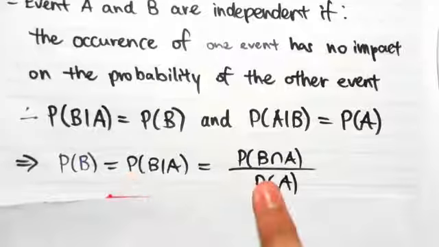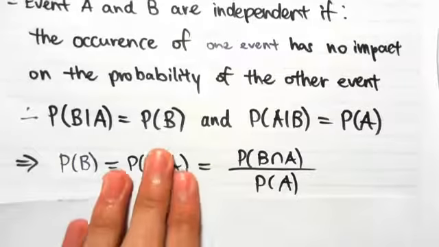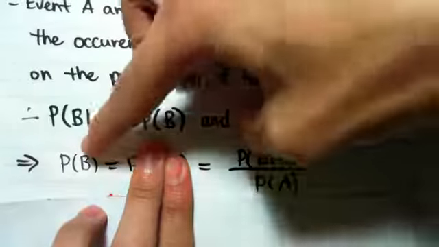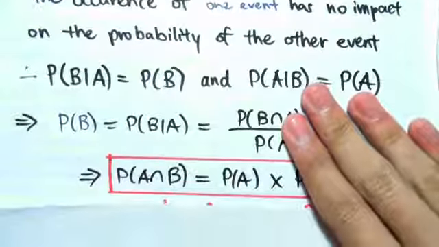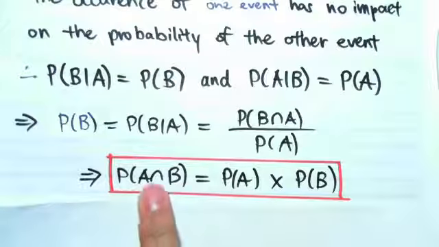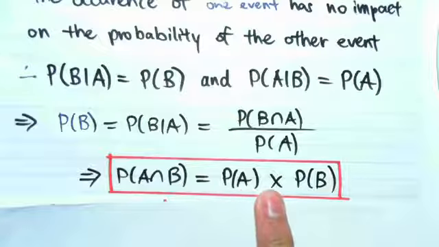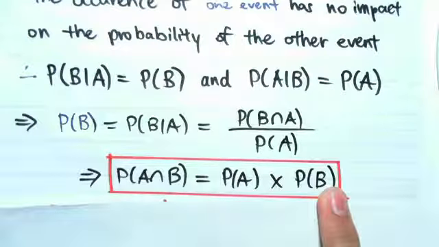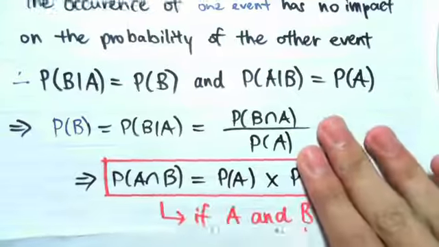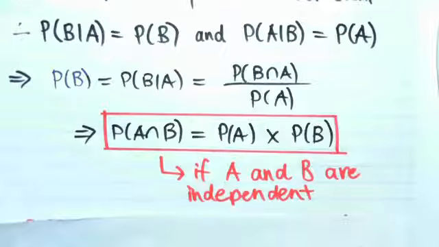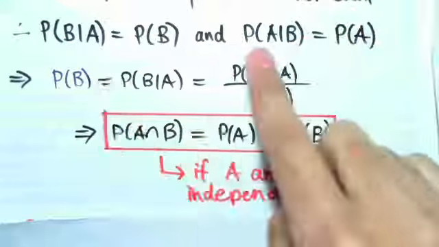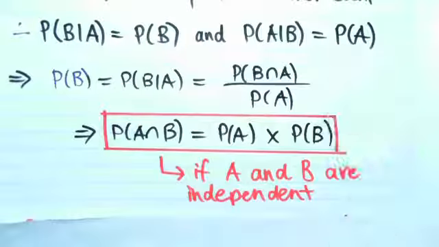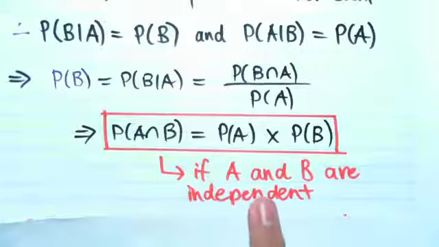Now we rearrange these two sides to get something like this, where the probability of A intersection B is equal to the probability of A times the probability of B. And that can only happen if we assume that A and B are independent. That was what we assumed from the beginning, that independence has occurred in our events. So A and B are independent.